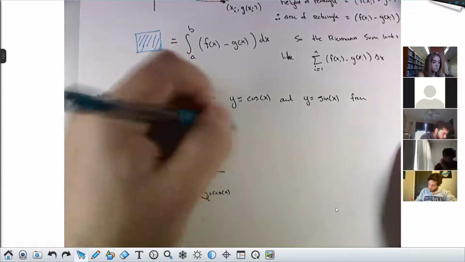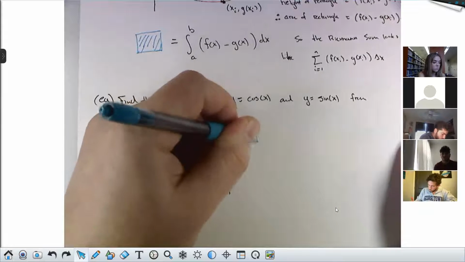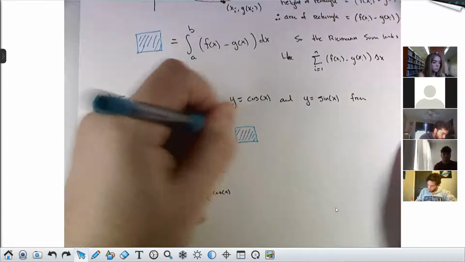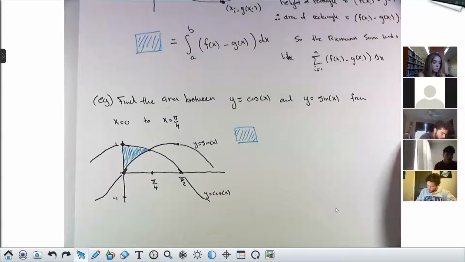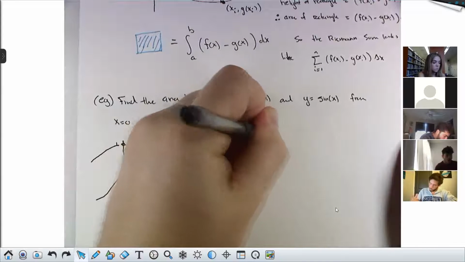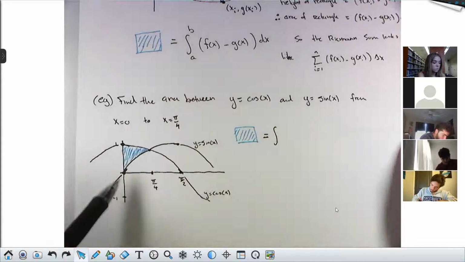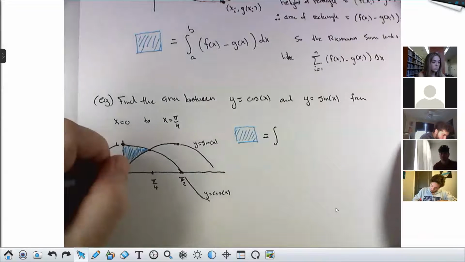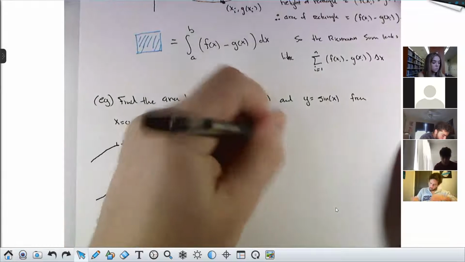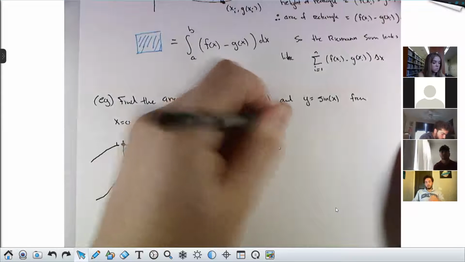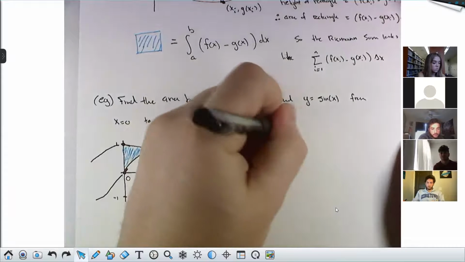So my blue shaded area here, you integrate the upper function minus the lower function from a to b, which in this case is from 0 to pi over 4. My upper function there is cosine.